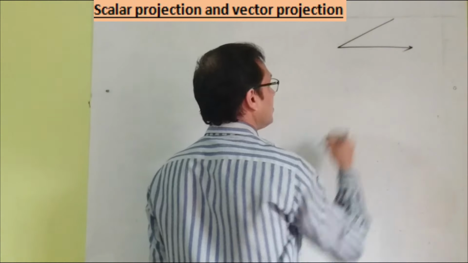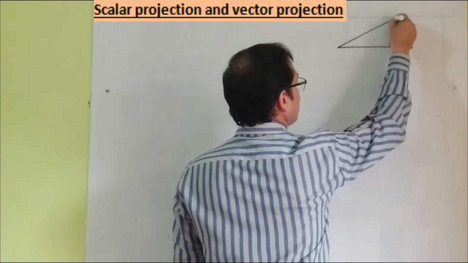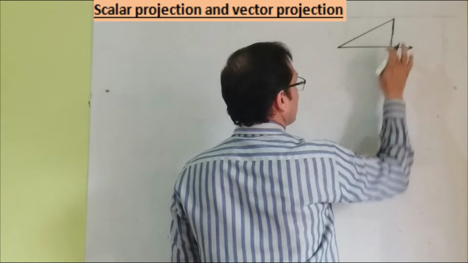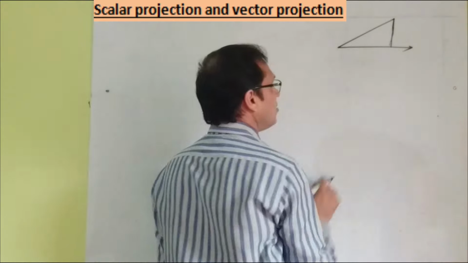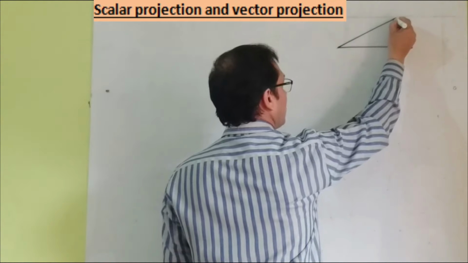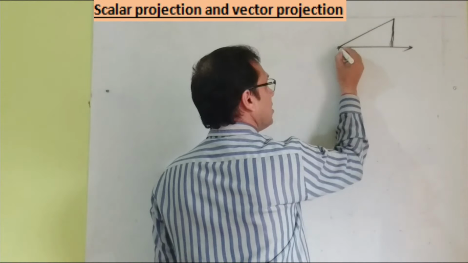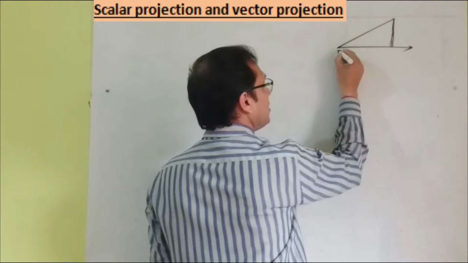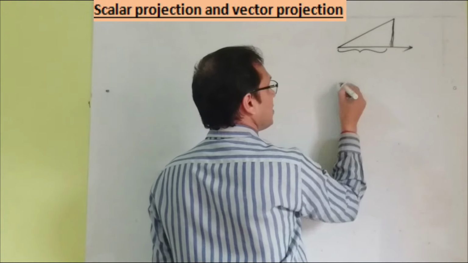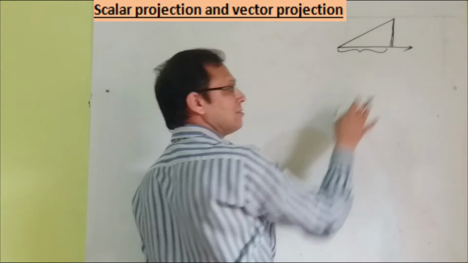You have to drop a perpendicular from this point to the line, and also from the other end. That is the projection of this line segment on this line.